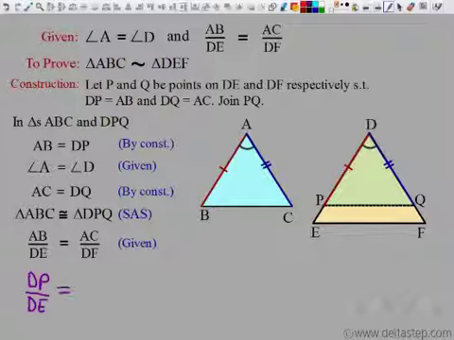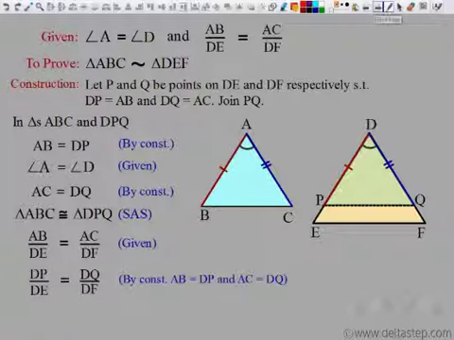This would be equal to AC, which is DQ. So instead of AC, I'll write DQ. So I get DP by DE is equal to DQ by DF. So this is what I get.